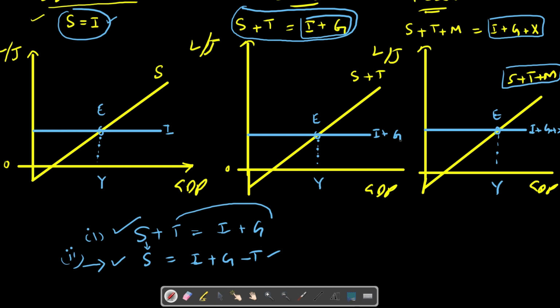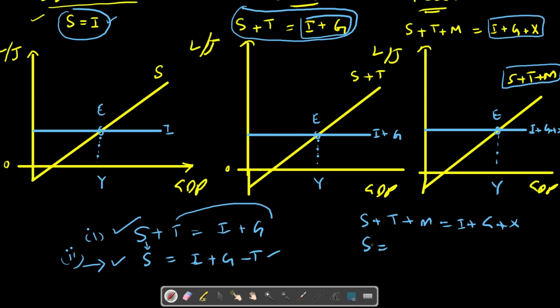Also the examiner may try to confuse you: saving plus tax plus imports is equal to investment plus government expenditure plus exports. This is the basic criterion of equilibrium, and every student knows that, but sometimes the examiner confuses you by manipulating the same equation mathematically.